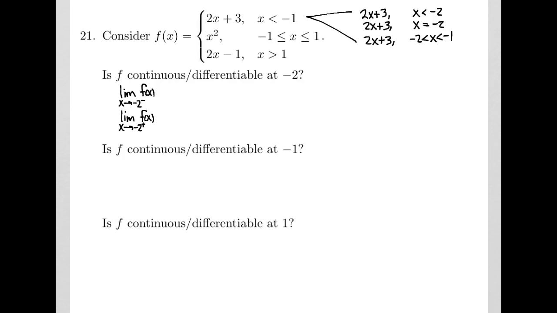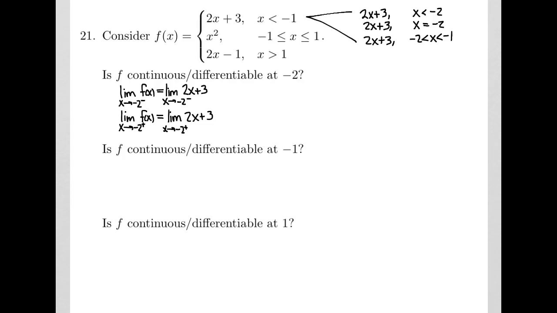Now, because -2 was not an original breakpoint, the formula for my function is the same. It's 2x plus 3 in both cases, whether I approach from the left or whether I approach from the right.